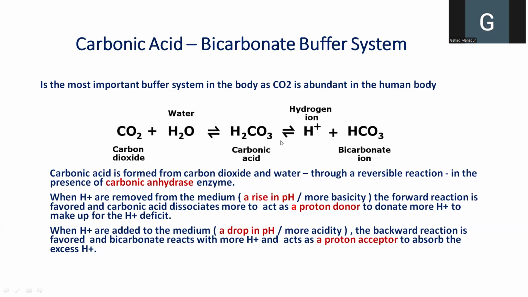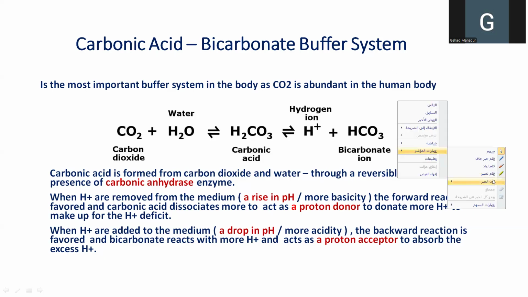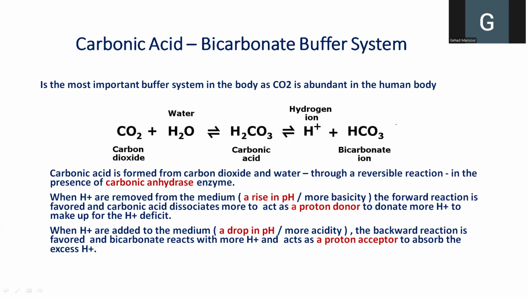This double arrow, or two-sided arrow, indicates that the reaction is reversible, meaning that it occurs both ways. This means that carbonic acid can dissociate into protons and bicarbonate ions, and by the way, the bicarbonate ions will carry a negative charge, and similarly, the protons and the bicarbonate ions can reunite together to form carbonic acid.